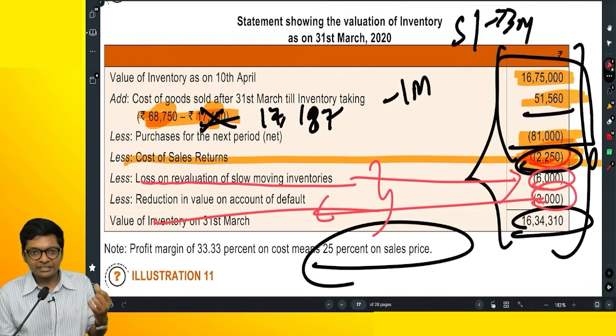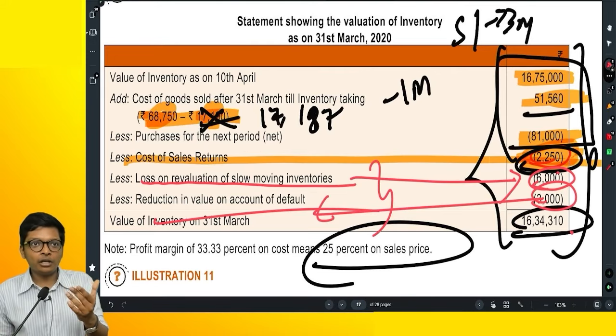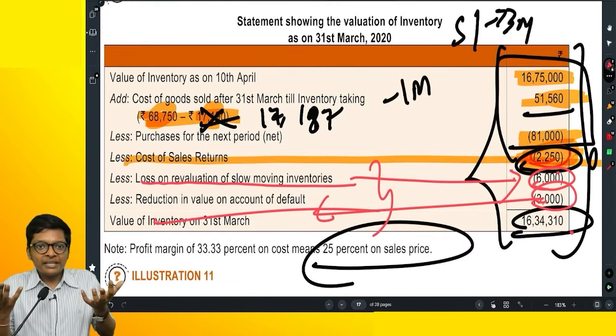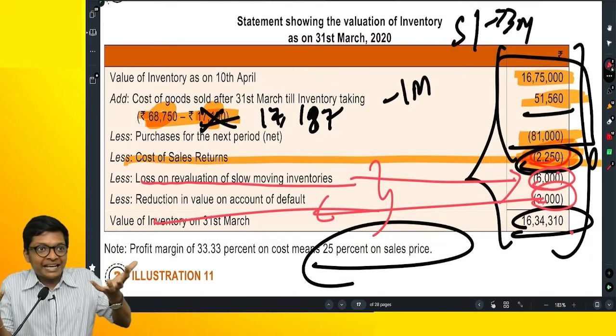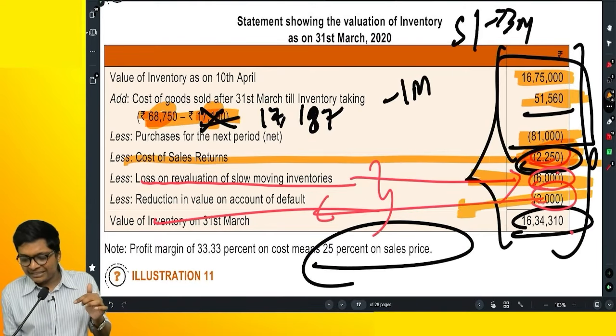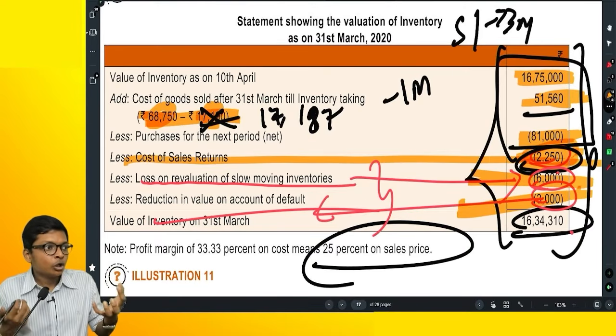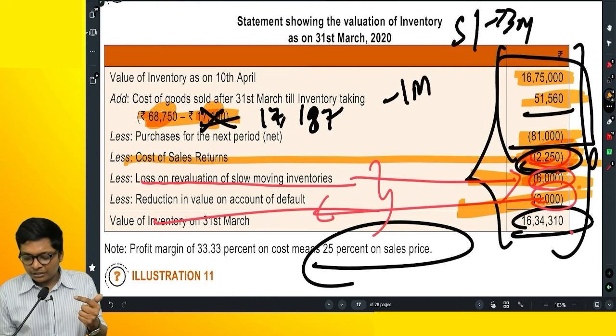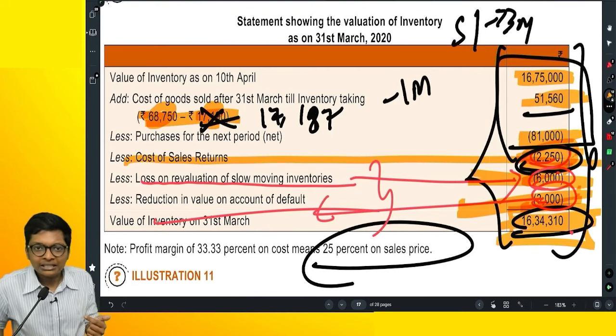Actually, both above adjustments, 6,000 and 3,000, are basically loss in inventory. Now, what do we do? We do cost versus NRV, whichever is lower. Here in both the last two cases, NRV is low. So we are writing off 6,000 and 3,000 and we get the answer of 1,634,310.